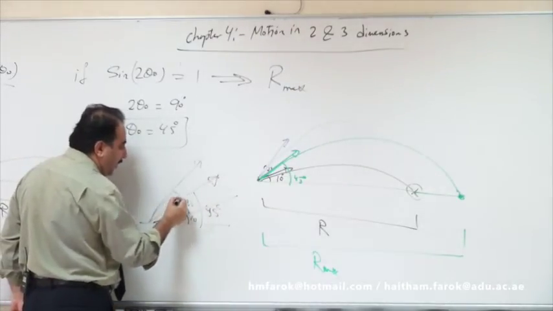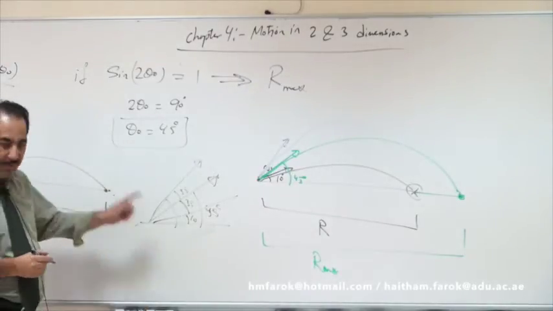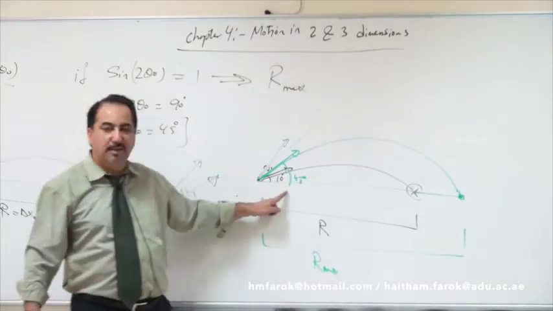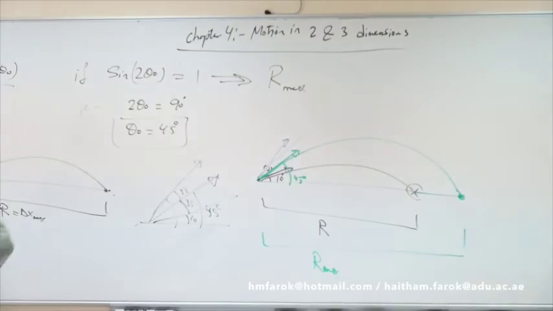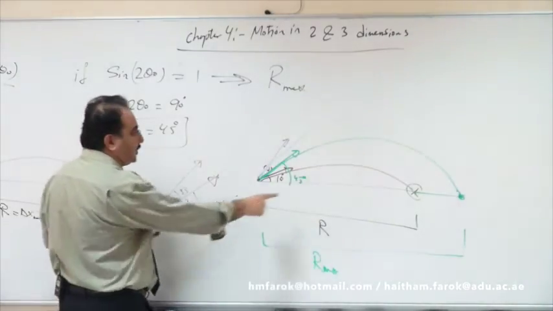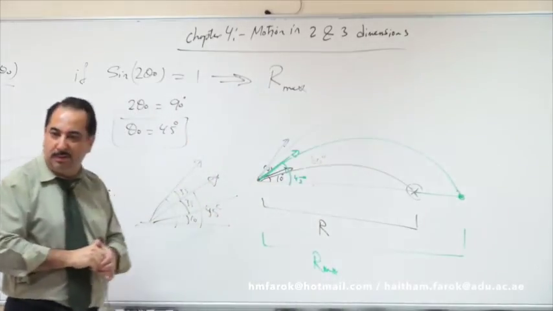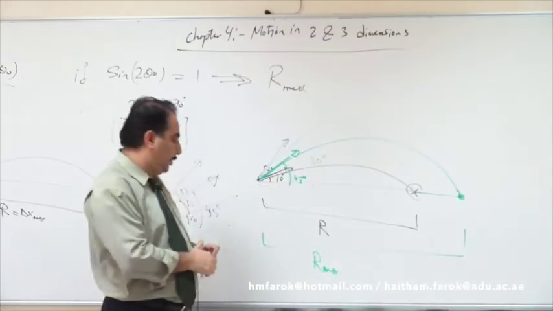So if you add 35 here, what's the total? 80. You add them. Or just use this rule. 90 minus the first angle gives you the second angle. 90 minus 10. So you can hit the same target with 80 degrees as well. Either 10 or 80.